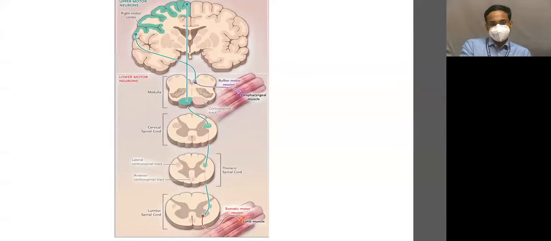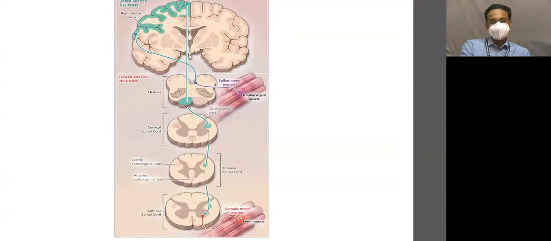So before going into motor neuron disease, I think it's important to understand the anatomy of the pyramidal tract and the lower motor neuron. The upper motor neuron comprises the pyramidal tracts which come from the motor cortex and go right down to the bulb, as in the brainstem, and to the anterior horn cell of the spinal cord. Hence the pyramidal tracts have both corticobulbar fibers going into the brainstem and corticospinal tracts coming to the spinal cord.